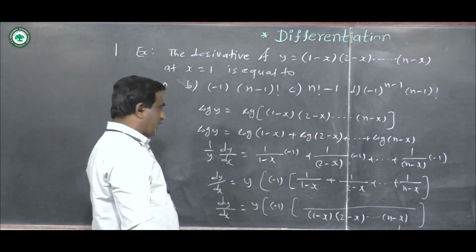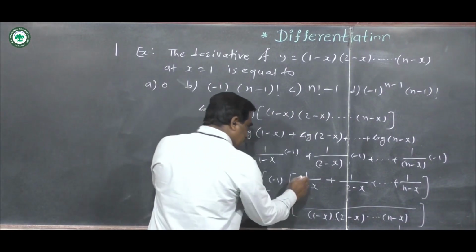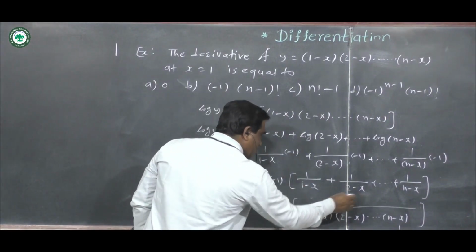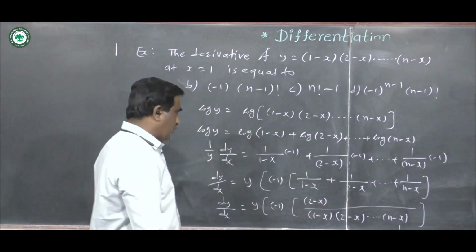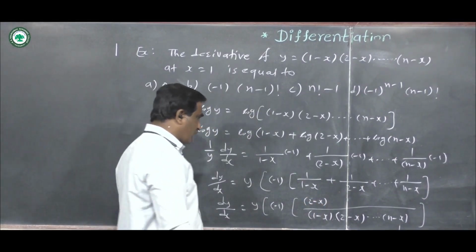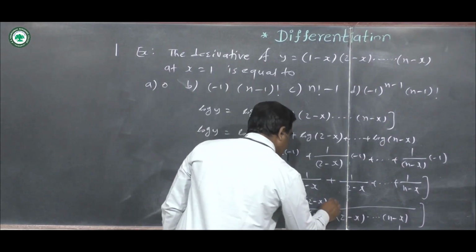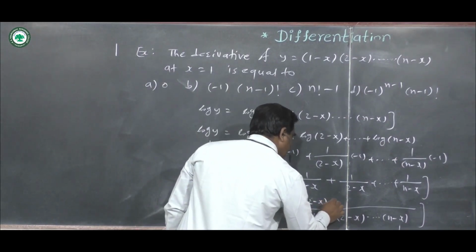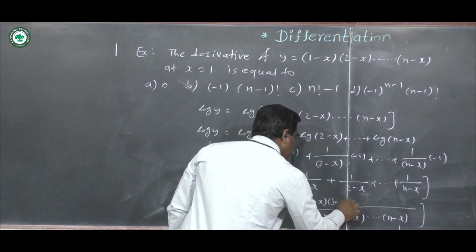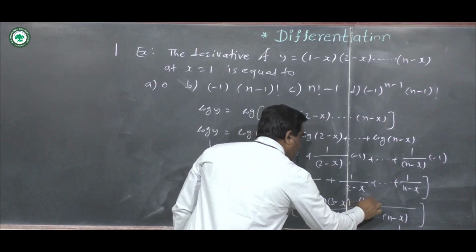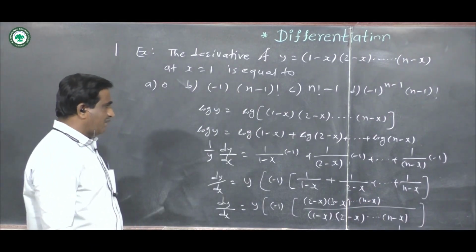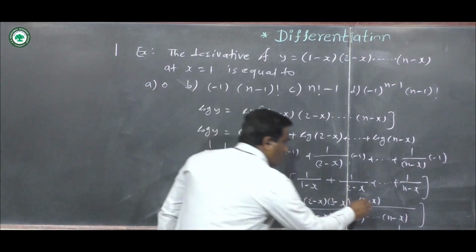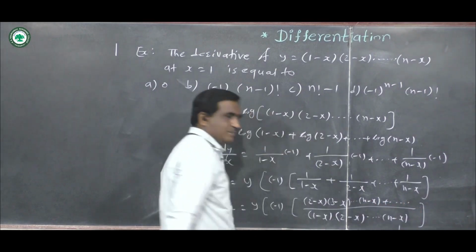In the numerator we can write here 1 into 2 minus x into 3 minus x into so on, n minus x, plus 2 minus x into 3 minus x into so on, n minus x. Okay, and plus so on remaining terms.